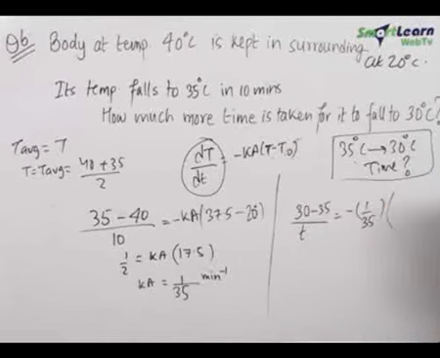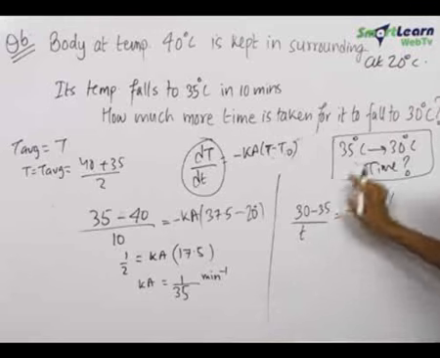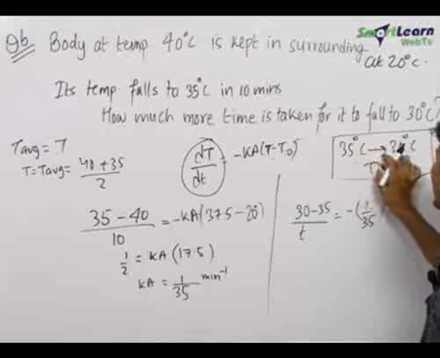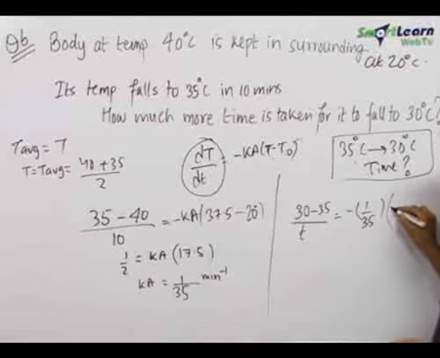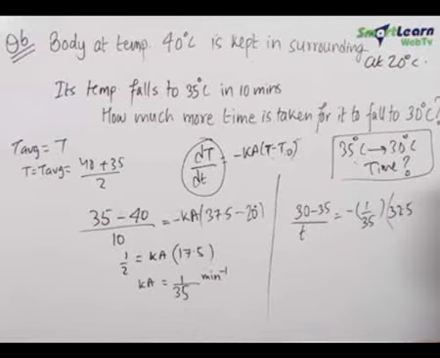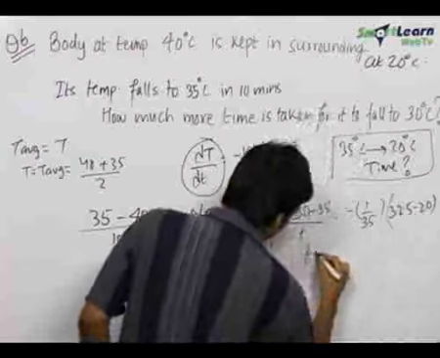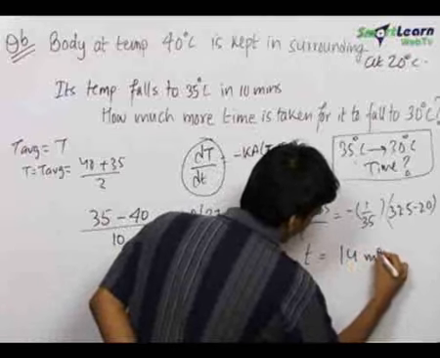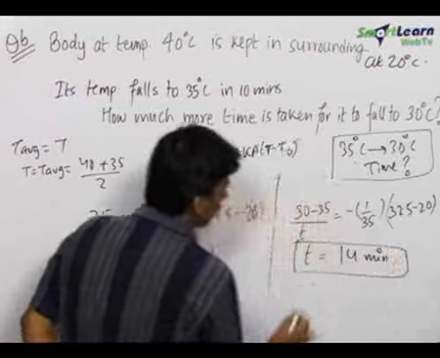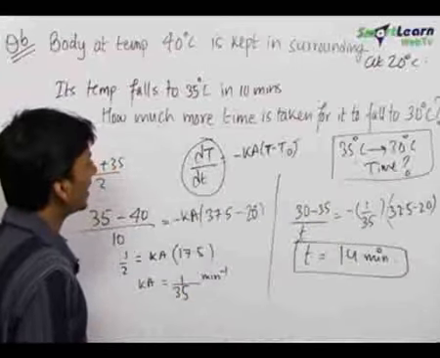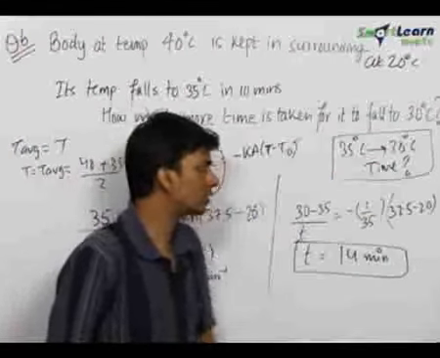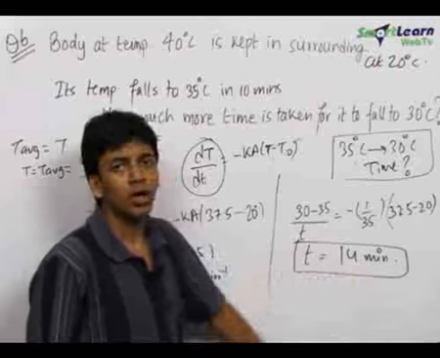Since the temperature of the substance is not constant, we again take the average value between this and this, so that we can assume the object to be at its average temperature of 32.5 degrees Celsius. Therefore we write this as 32.5 minus 20. On solving this, we get the value of t equal to 14 minutes. So the time taken for the temperature of the object to fall from 35 degrees Celsius to 30 degrees Celsius comes out to be 14 minutes.